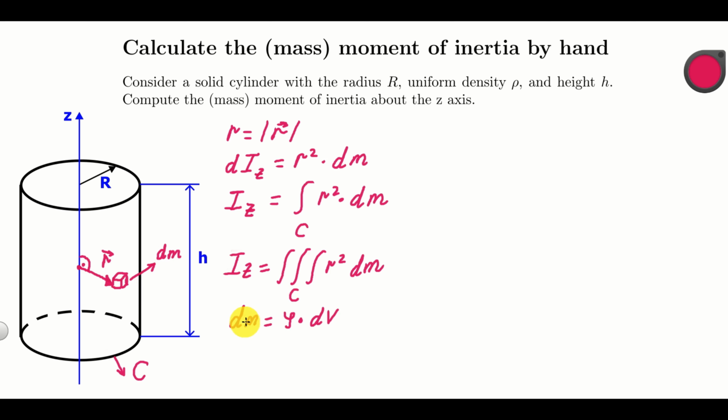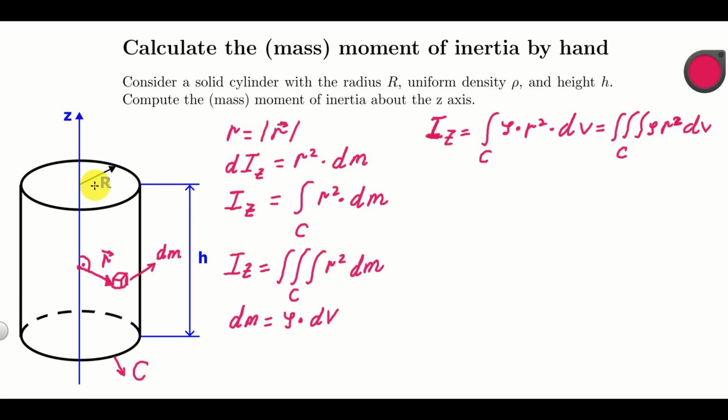If we now substitute this expression for dm in these two equations, we obtain this equation that you will often find in books: Iz is equal to an integral over c of rho multiplying r squared multiplying dV. Or we can write this equation in a triple integral form, over c of rho r squared dV. And that's it.